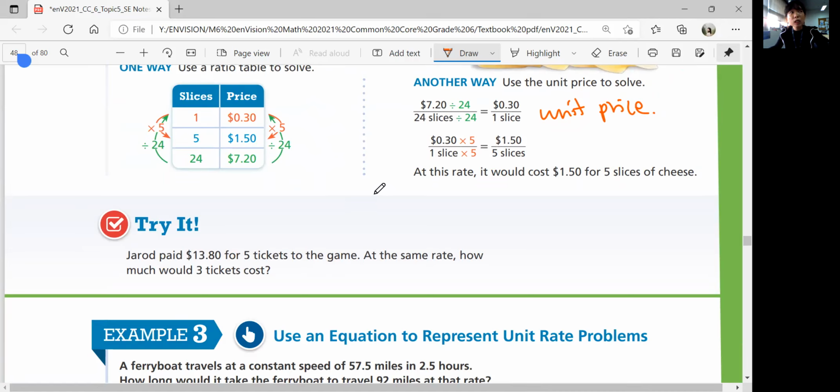Jared paid $13.80 for 5 tickets to the game. At the same rate, how much would 3 tickets cost? First, you're going to figure out the unit price. The rate is $13.80 per 5 tickets.